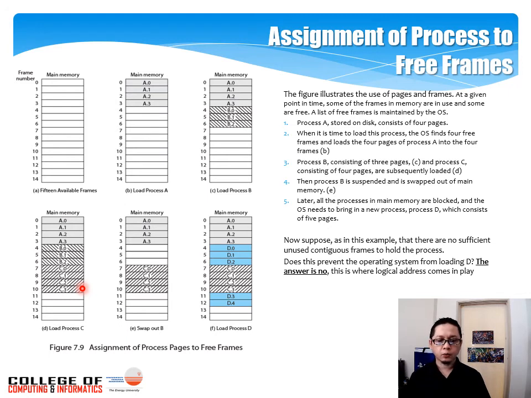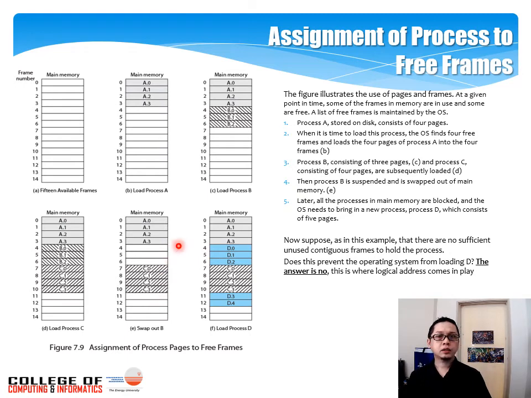Now let's say after a while B finishes its turn and leaves the memory. So now it has 3 available frames of memory here and 4 available frames here. Now let's say the next one coming is process D with 5 pages. So where can we put process D?